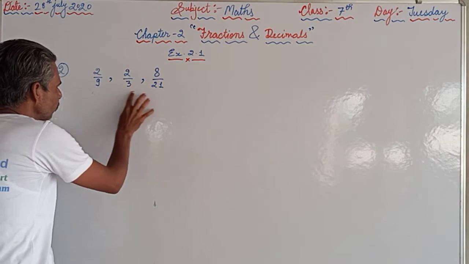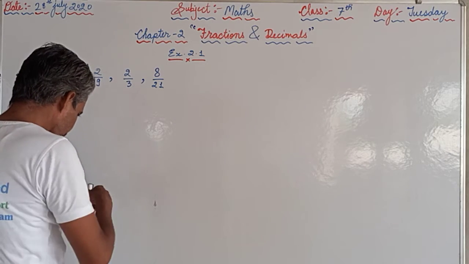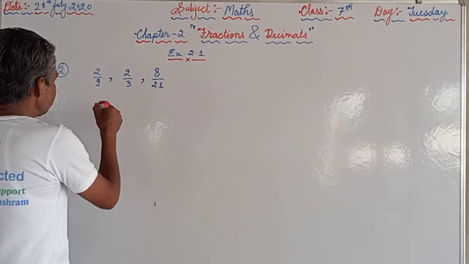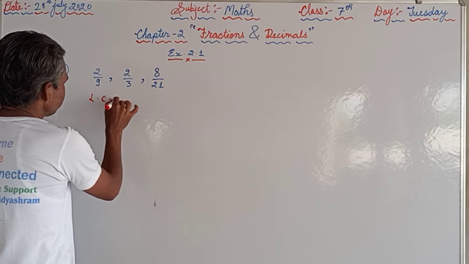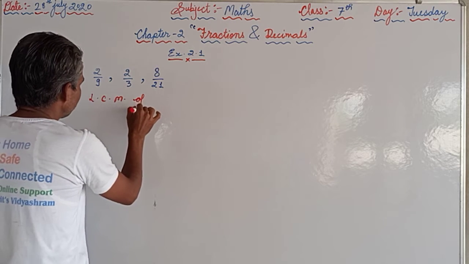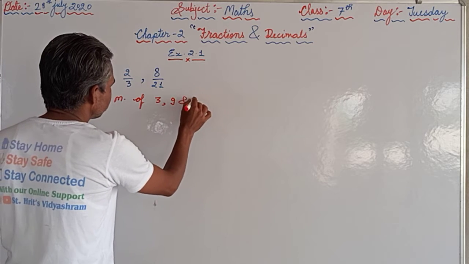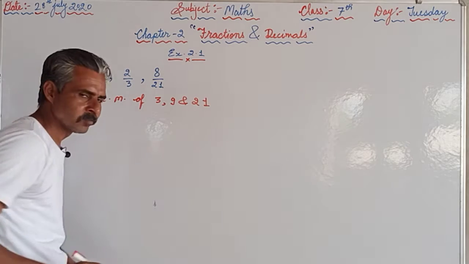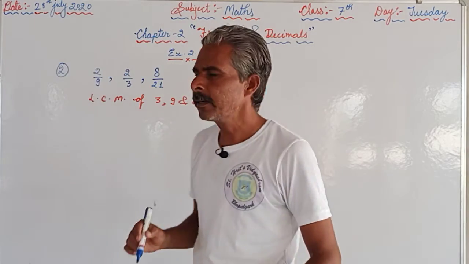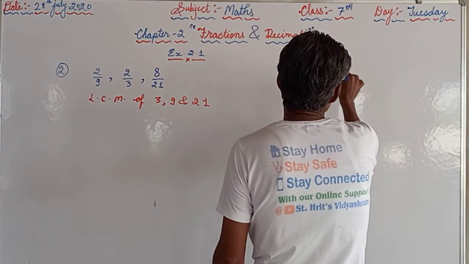So first of all, what will we do? We are supposed to find the LCM of 3, 9 and 21. So how to find the LCM?